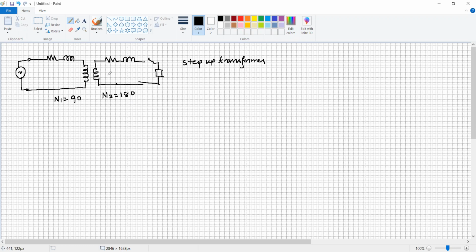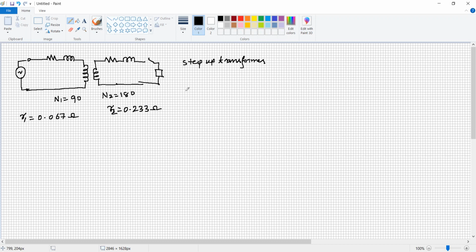So the resistance R1 is equal to 0.233 ohm, and R2 is equal to 0.06 ohm. Now see here, the smaller the number of turns, the smaller will be the resistance. The larger the number of turns, the larger will be the resistance.